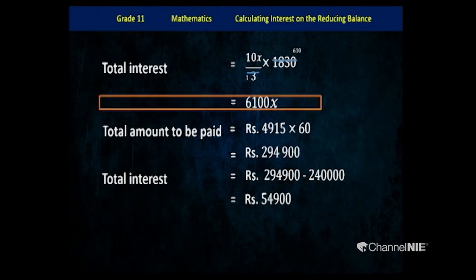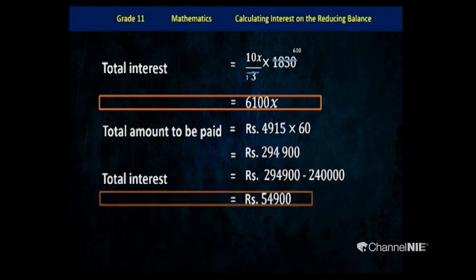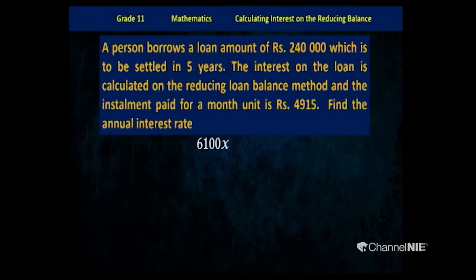Then you can see I have highlighted this: 6100x equals rupees 54,900. Two equal things given in two different ways, but you can make them equal. Balance them. Use a simple equation. 6100x equals 54,900. Now we have got the interests balanced.